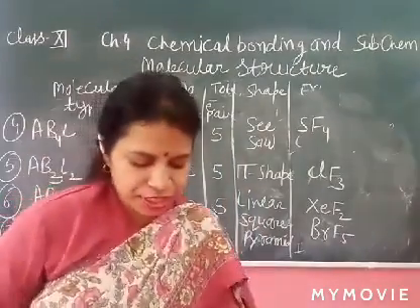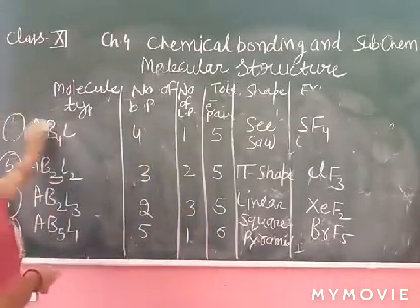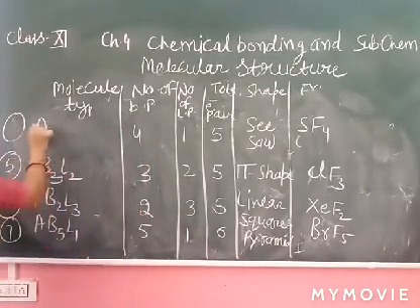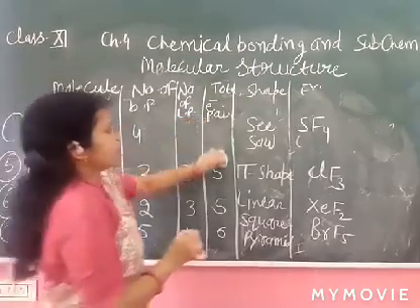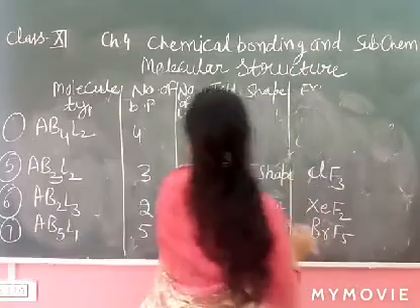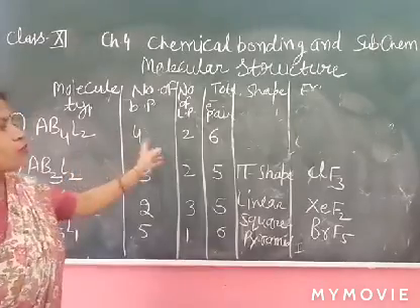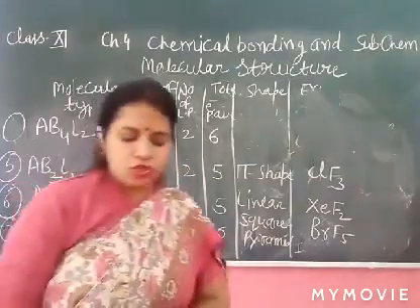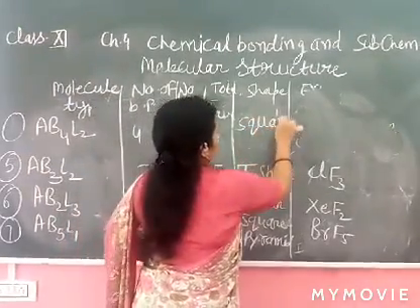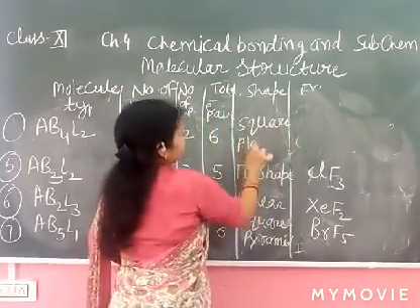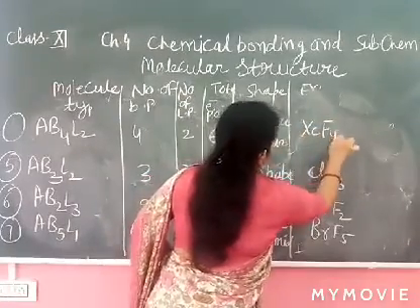And the last is AB4L2. How many electron pairs? 4 bond pairs, 2 lone pairs, 6 in total. The shape is square planar. The example is XeF4, xenon tetrafluoride.